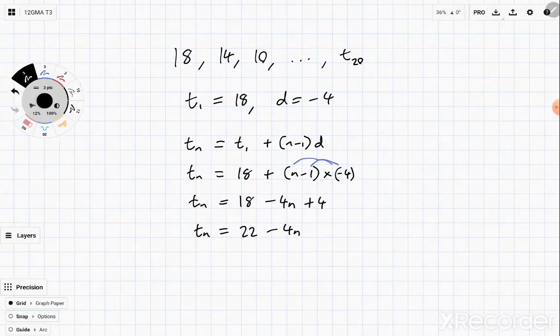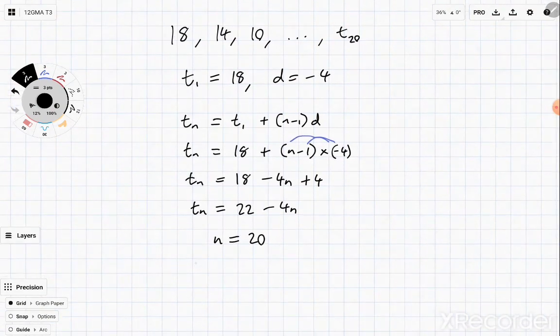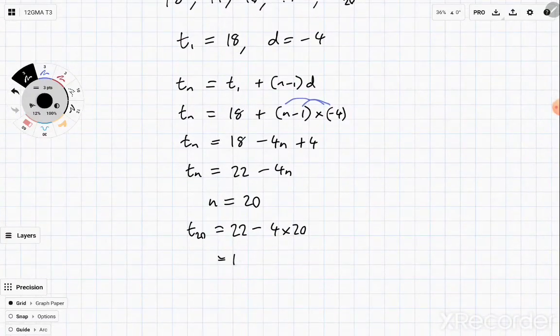And since we want to find out the 20th term, we're going to substitute n equals 20. T20 equals 22 minus 4 times 20. 4 times 20 is 80 plus 22 is 102. Oh, wrong way around. 4 times 20 is indeed 80, but we're subtracting. So it's going to be -58.